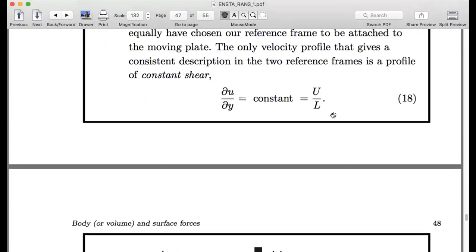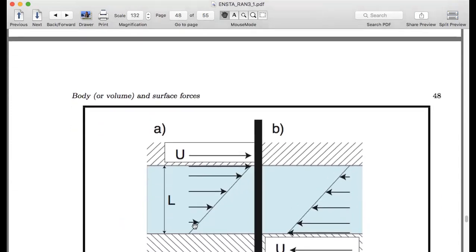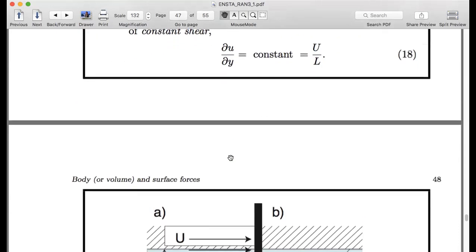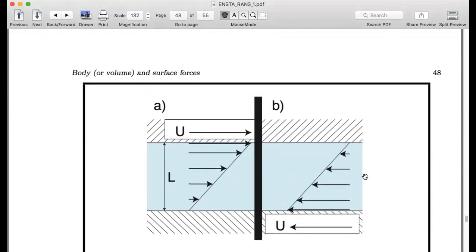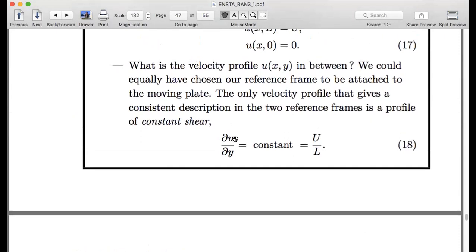And because it's a linear shear, the velocity gradient here, the u velocity, say in the x direction, where x is in the eastward direction and y is in the north direction, then my velocity gradient, du/dy, equals a constant.